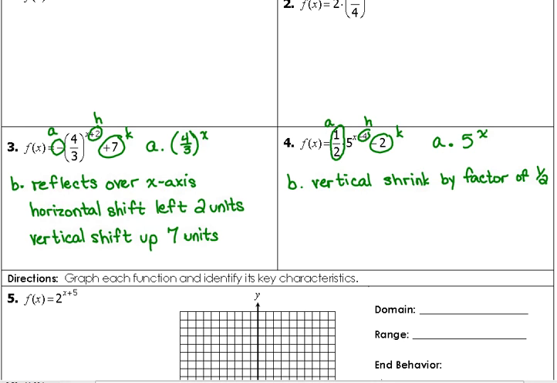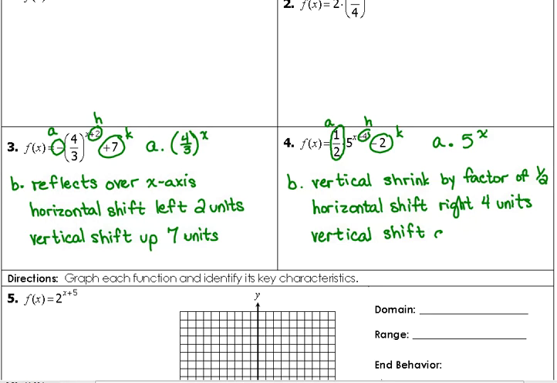H is negative, so that's a horizontal shift right 4 units. And the -2 on the end is a vertical shift down 2 units.